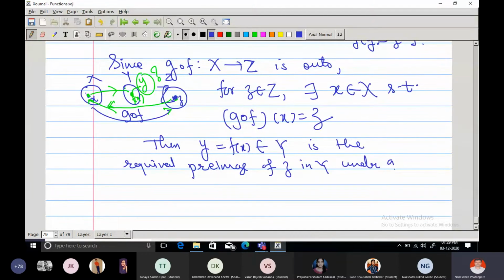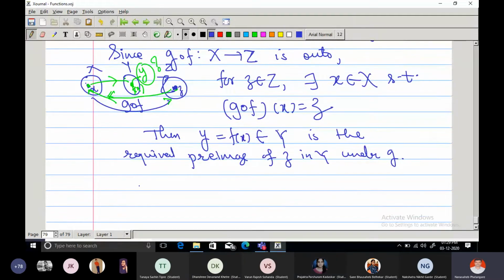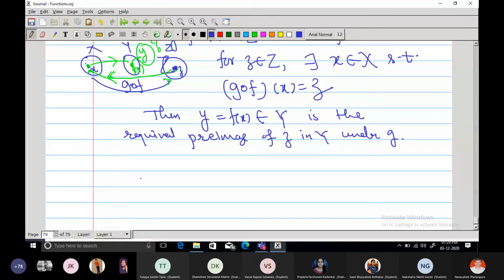Yes, because if you apply G on y, does it give us z?